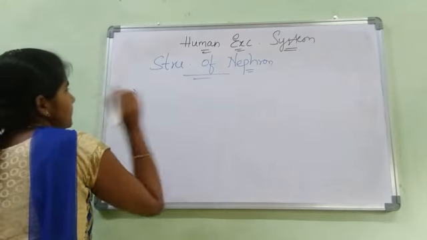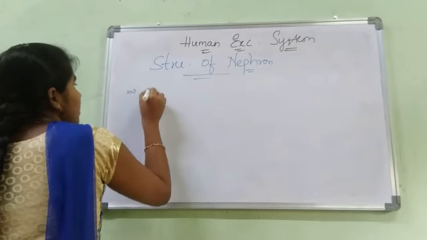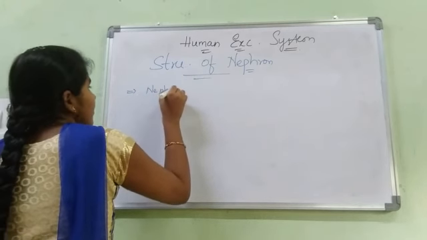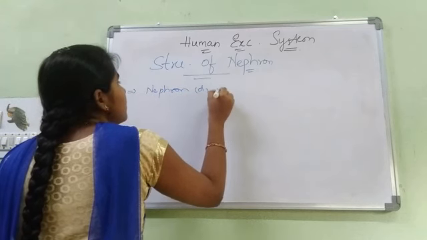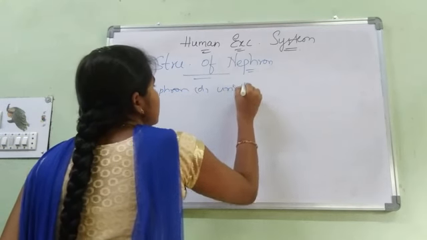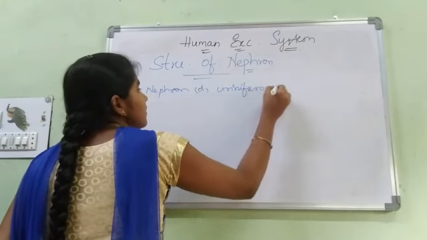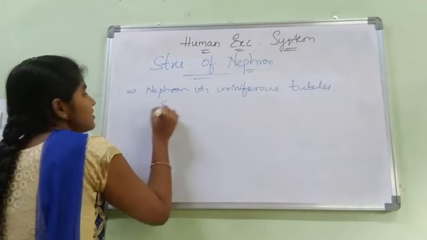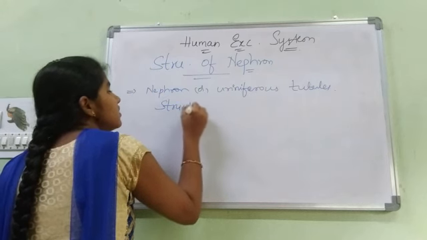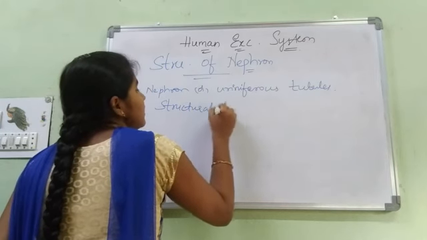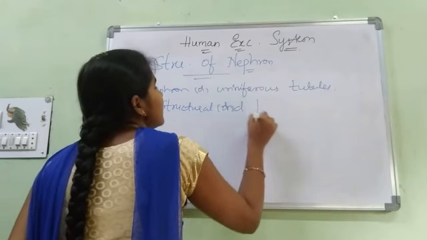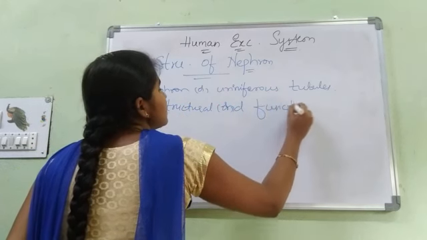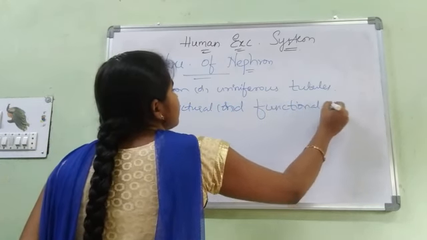This nephron is also called uriniferous tubules. And these are the structural and functional units of the kidney.